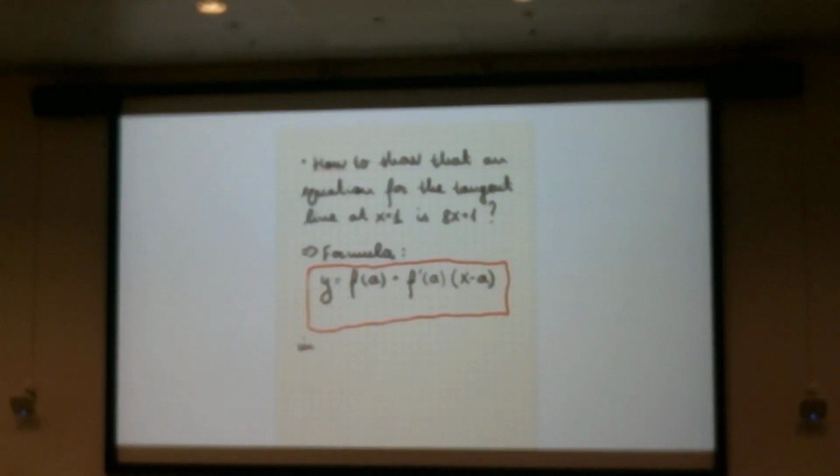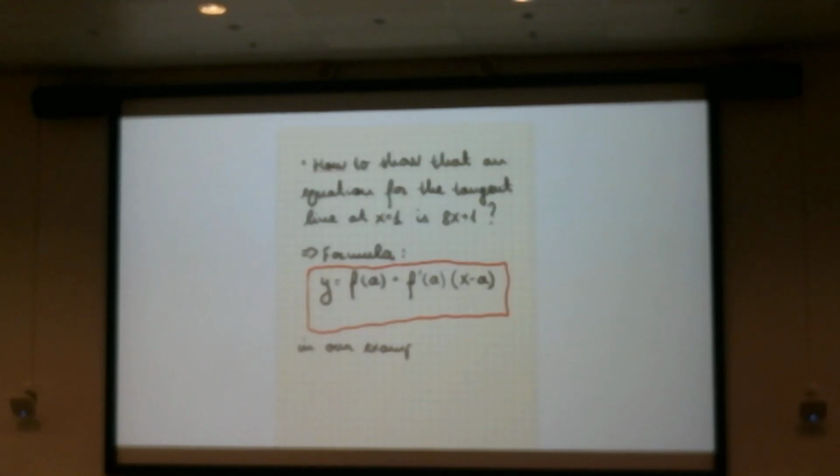So in other words, I'm interested in the tangent line at this point, 1. So I'm going to put 1 in here instead of a everywhere.